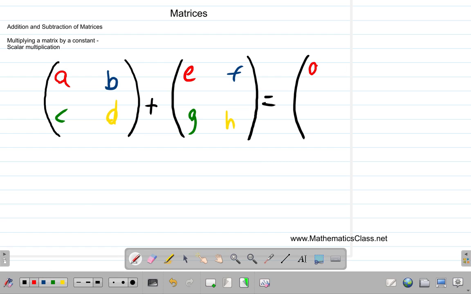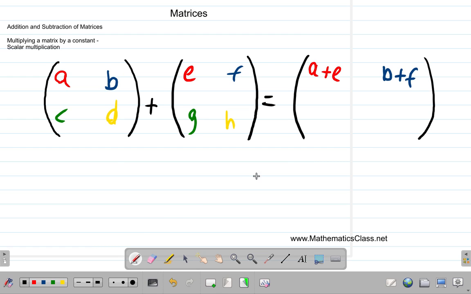That will be A plus E. You see that? Element in row 1, column 2, plus element in row 1, column 2. So what we have here is B plus F.